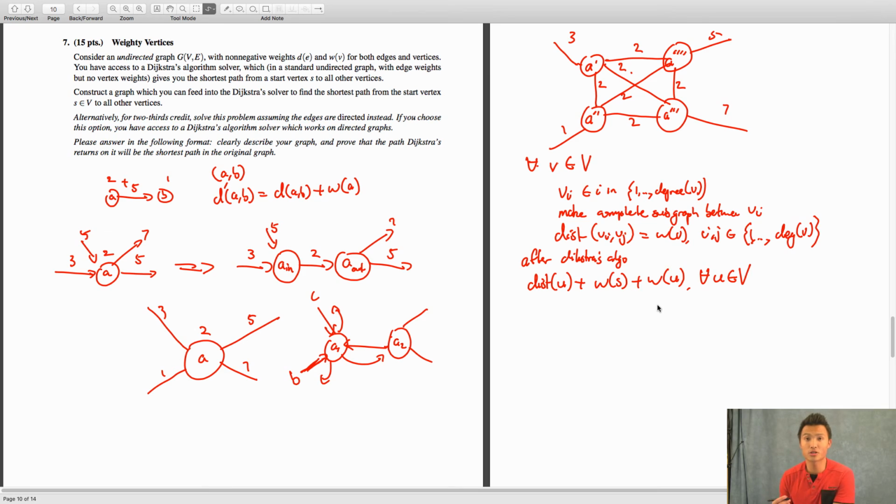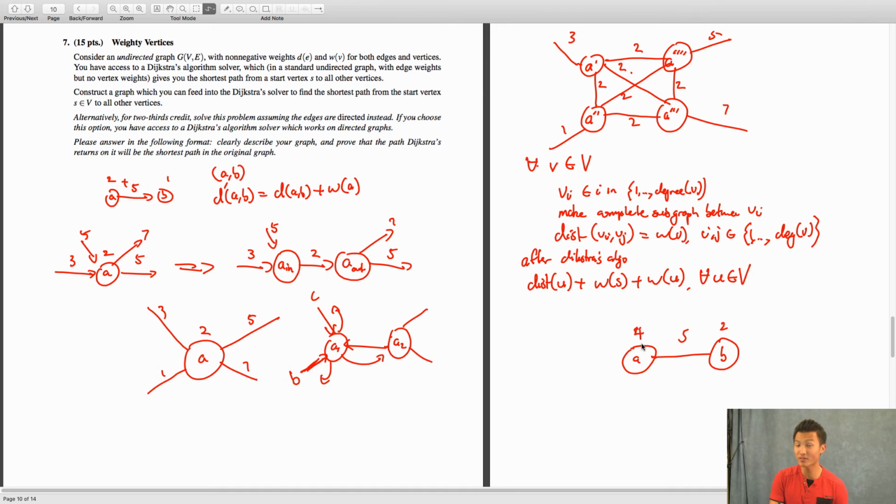Now there's actually another solution for an undirected graph, and think about this. If I have a graph here, and I have an edge weight of a to b, what we could do is add, make this 4, make this 2, make this 5.